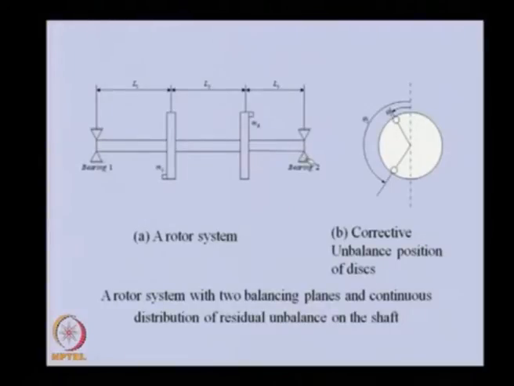We are considering the shaft to have distributed mass property, and apart from that there are two rigid discs mounted onto the shaft. Because the shaft has distributed mass property, we will be modeling this rotor using the finite element method.